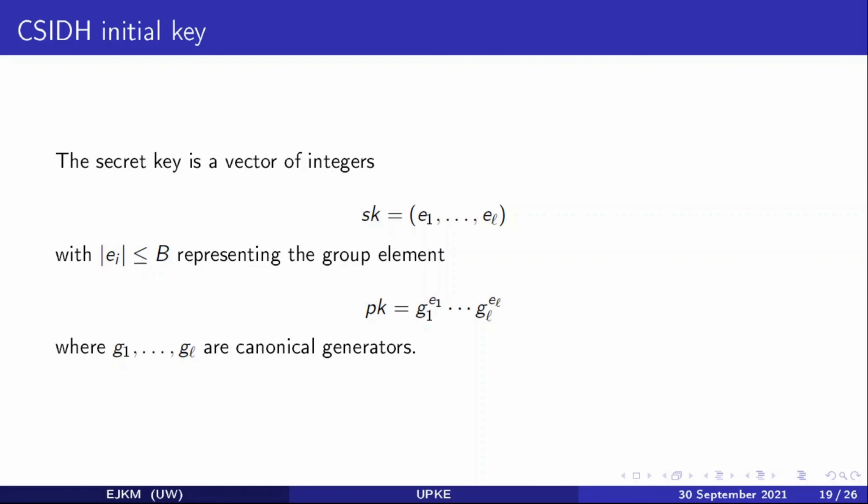We now turn to our CSIDH UPK scheme. Recall that in CSIDH, the secret key is a vector of integers e1 up to el, with each component being in absolute value smaller or equal than a constant b. This is for the sake of fast calculations, and that vector represents the product of the canonical generators for our public key.